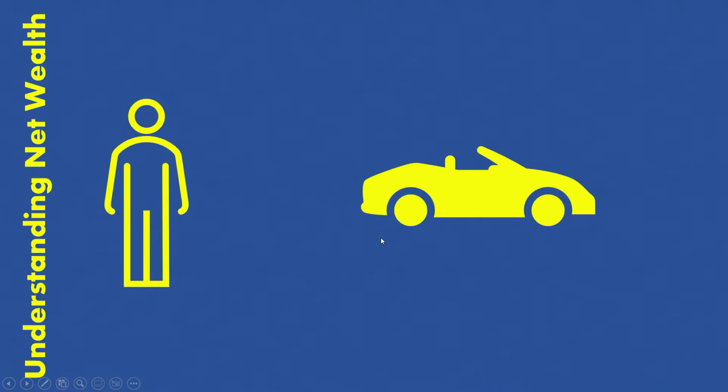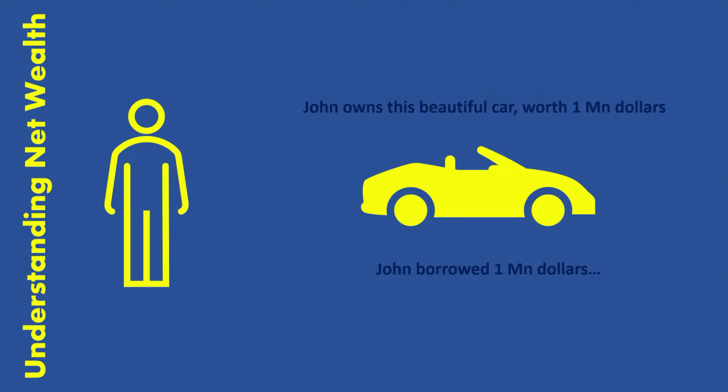For this, let us take an example. This is John here, and John owns this beautiful car which is worth $1 million. Now the question is, does that mean John is worth $1 million today? Well, actually we have to see the full picture, and for the full picture I just informed you about the additional information, and that is John has borrowed $1 million to buy this sports car.